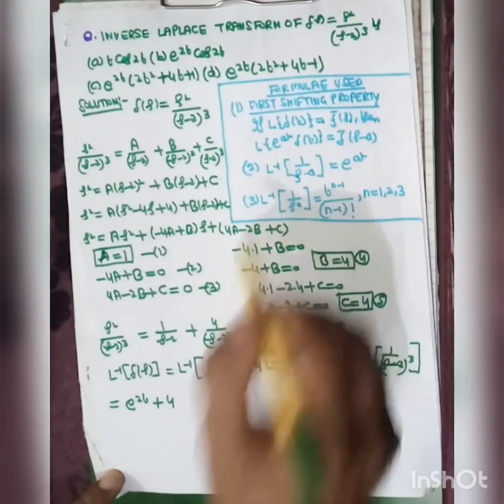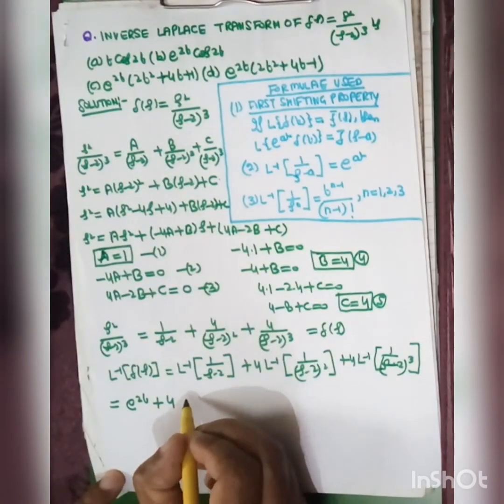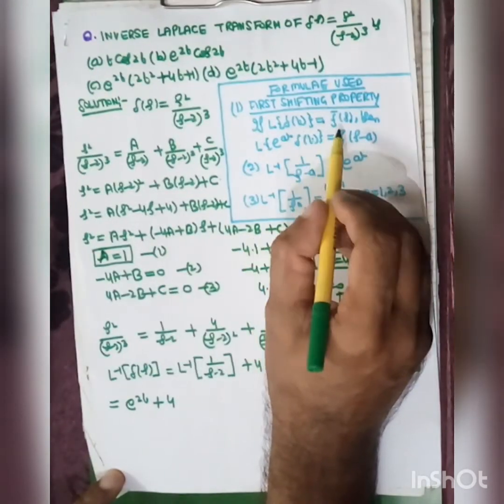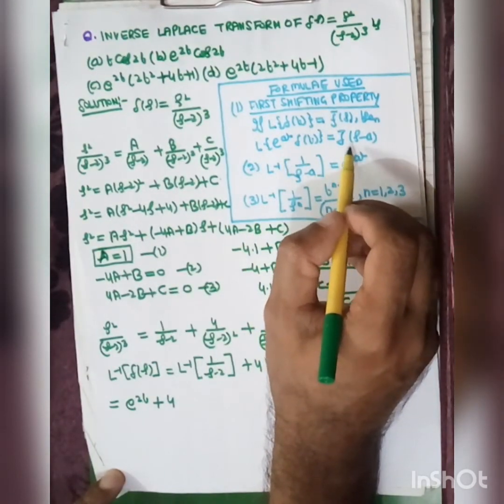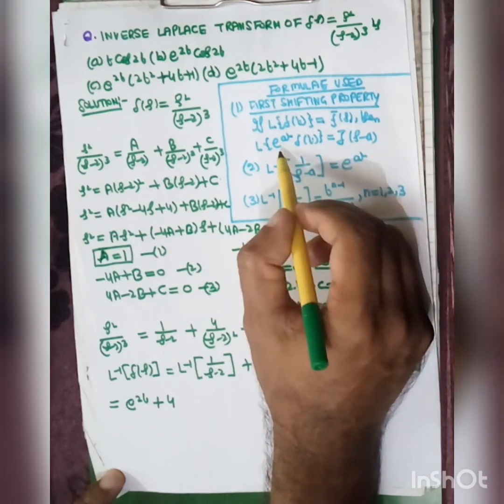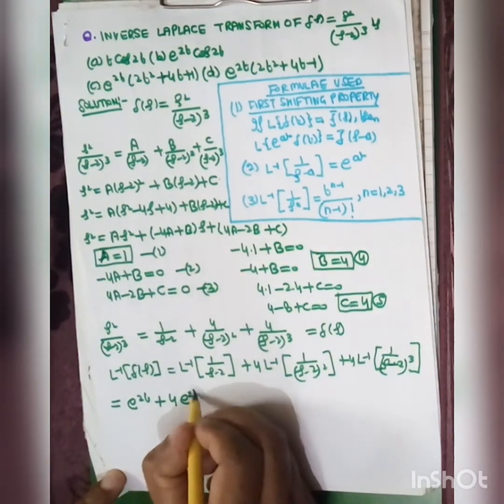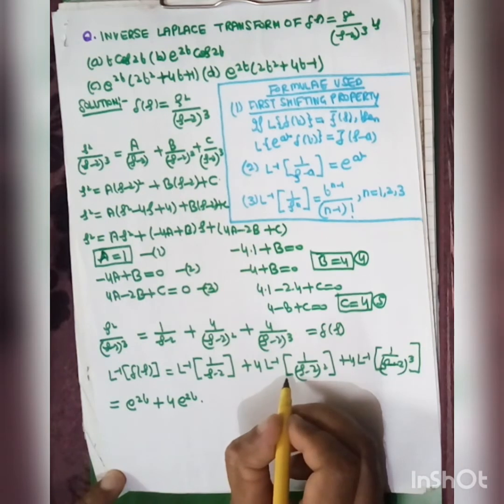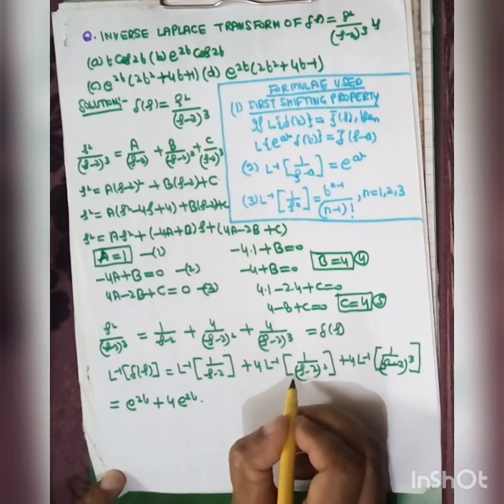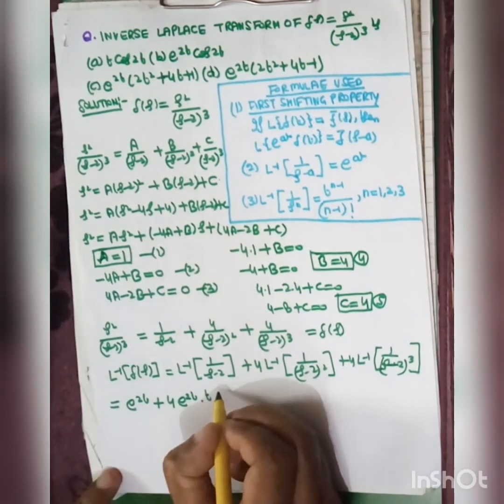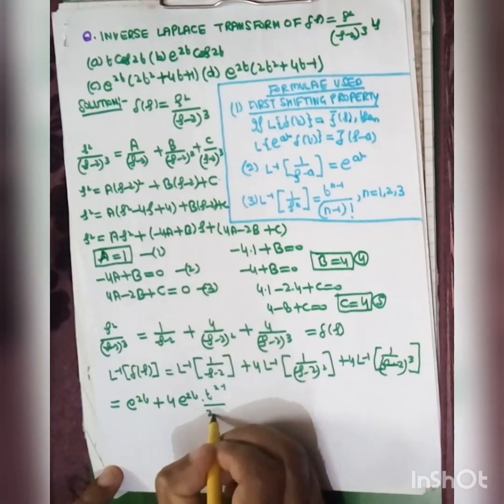Using formula 1 and 3, we get: if inverse Laplace transform of F(s) is equal to f(t), then inverse Laplace transform of F(s minus a) is equal to e to the power at f(t). So it will be e to the power 2t and t square divided by factorial 2, that is t to the power 2 minus 1 divided by factorial 2 minus 1.